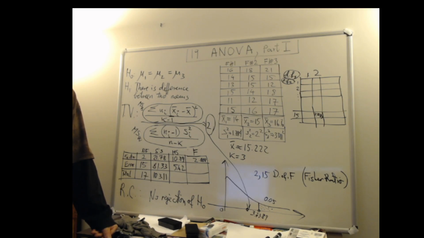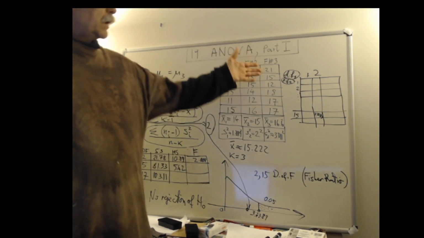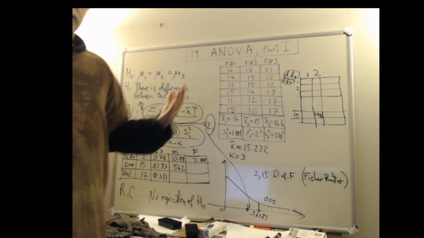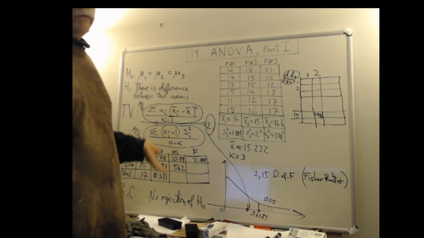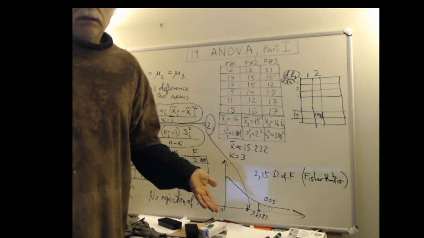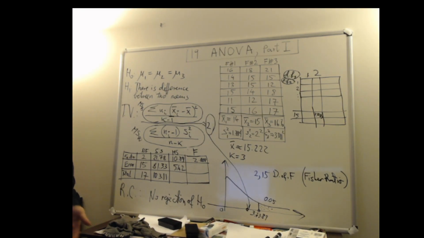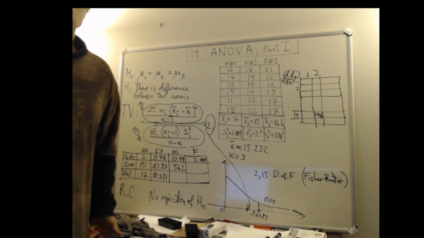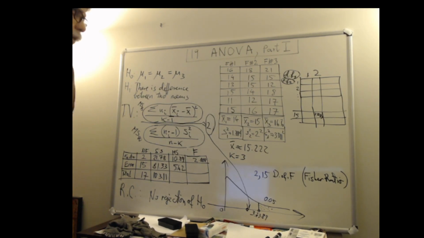So if you really do believe that fertilizer number 3 is a better fertilizer and it will give you a bigger yield, then prove that by getting more blueberries in your sample. In which case, you might have the same situation, but the test will have enough statistical evidence to prove the difference.